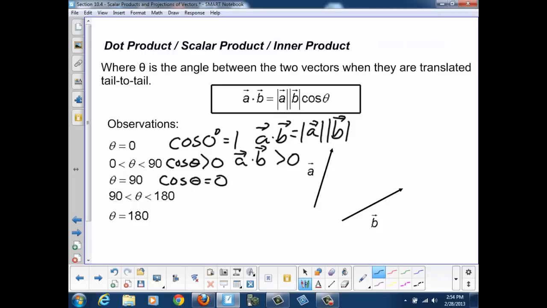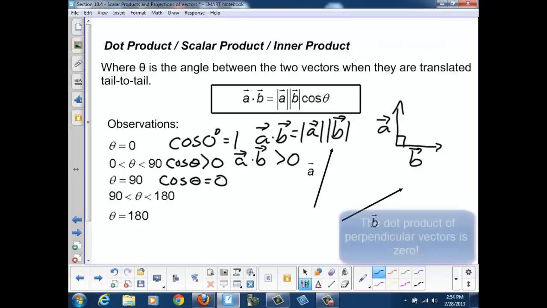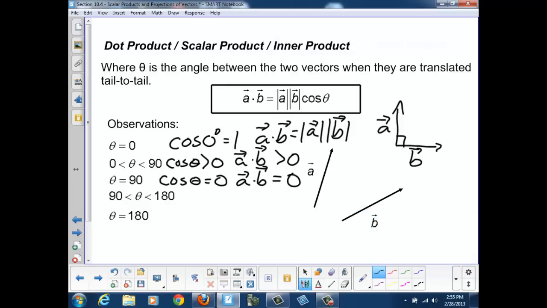Which means that when my two vectors, when connected tail to tail, form a right angle, my dot product will be equal to 0. So if my vectors are perpendicular, their dot product is 0.